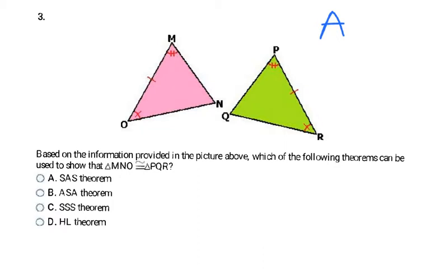So my theorem's name is going to have two A's and an S in it. If I look at my answer choices, my only choice there is B. B says angle, side, angle, where the S is between the two A's in the name. So my side has to be between the two angles, which it is. So my answer is definitely B.